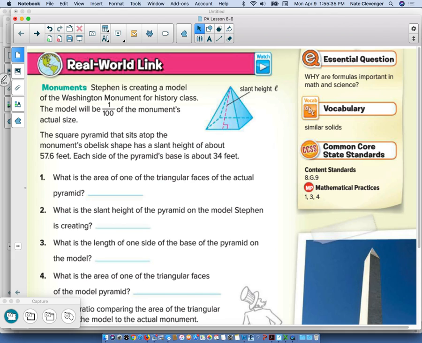Okay, so those two lengths that were given are the base and the height of the triangle. Everybody get your calculators out. We're going to be doing a lot of calculating, so have those available so we'll make sure to do this right. I need you to take 56.6 times 34 for me, please.